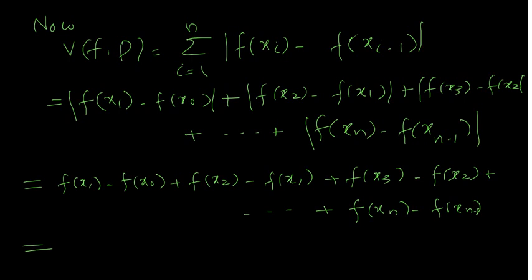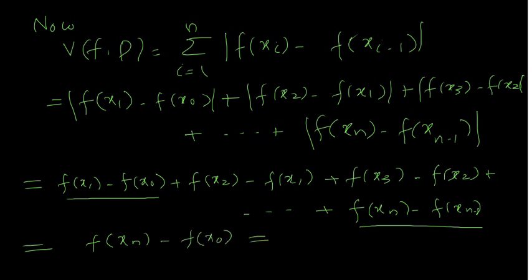Because this f of x1 will go with this minus f of x1 and this f of x2 will go with this minus f of x2, and so on and so forth. All the terms will vanish except the second term of the first difference and the first term of the last difference. This term will remain there. So this is equal to f of xn minus f of x naught.